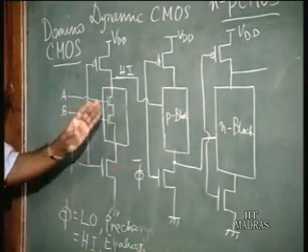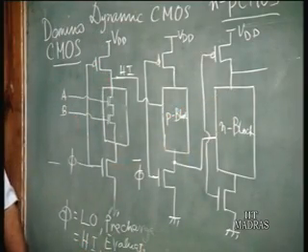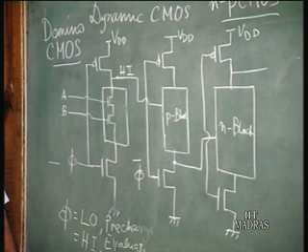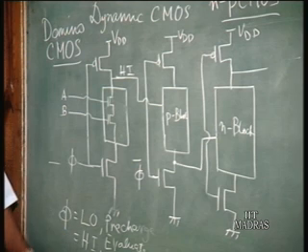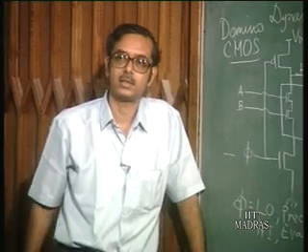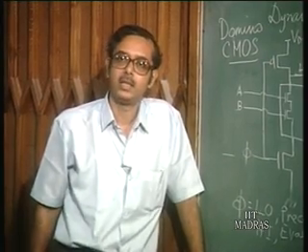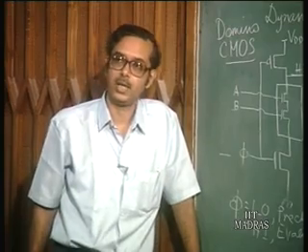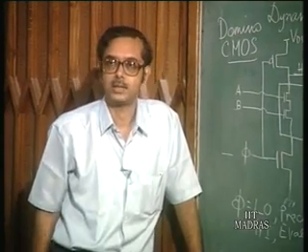So, this type of logic gates are clocked logic gates, and the advantage here is, of course, that you save a lot in terms of transistors and equivalently in terms of area. So, these are quite popular nowadays.